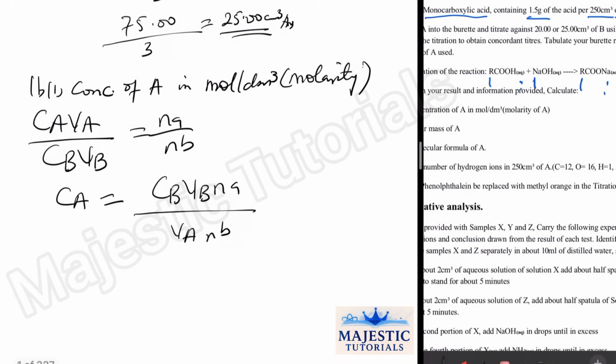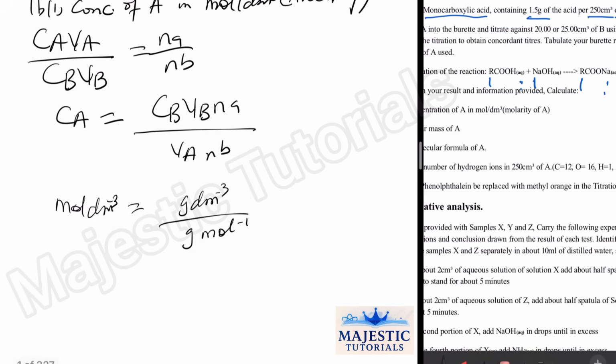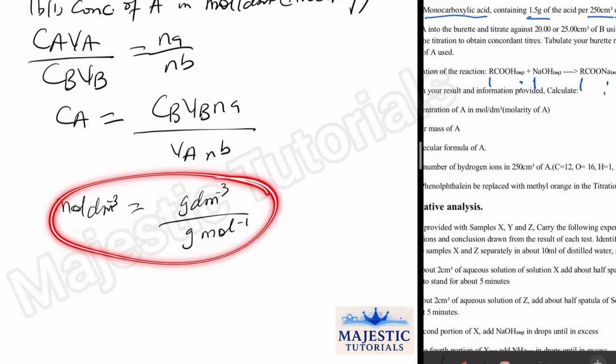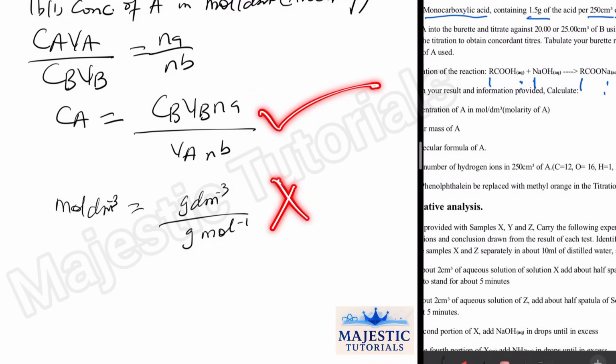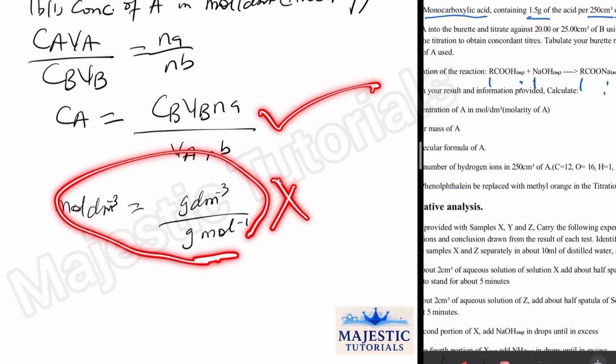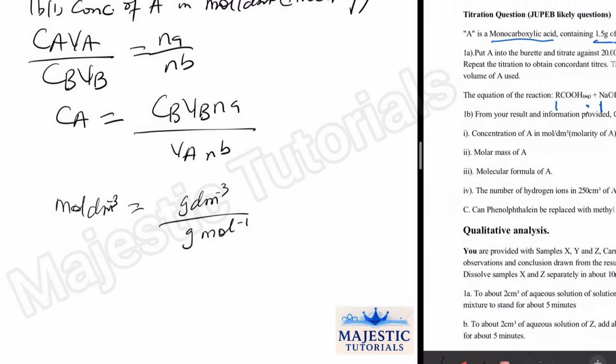Now another formula that I can use is, I might try using mole per dm cube is equal to gram per dm cube all over gram per mole. But why can't I use this? This formula will not work in this case. Rather, this will work. Why is it that this one cannot work? This one cannot work because we don't know the mole per dm cube, we don't know the gram per dm cube, and we don't also know the molar mass, because the question said it is a monocarboxylic acid.